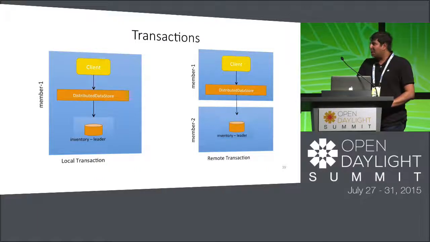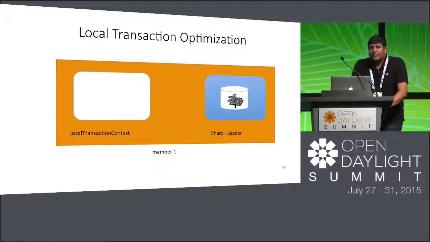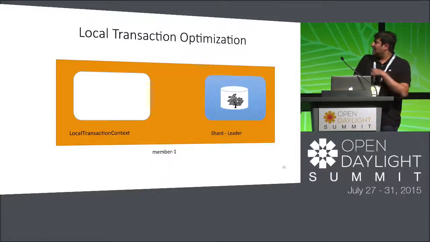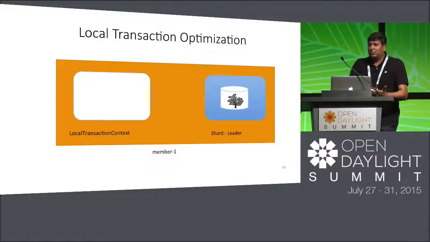And this actually has repercussions on performance because of the way we deal with remote and local transactions. We optimize for local transactions, and this is how it works. Let's say you determine that your shard leader is local, so you've created a local transaction context, right? Now you're going to do some operations on it.